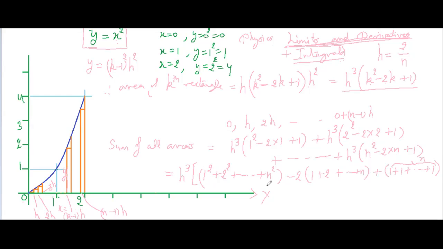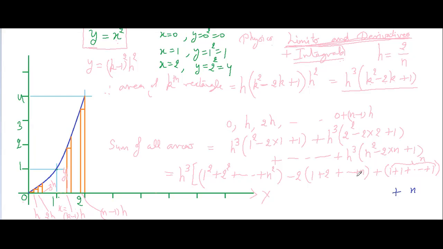We are just near the end of the calculation. What is 1 plus 1 plus 1, n times? What will it be equal to? Who will tell? Daman, can you tell? If we add 1 to 1 n times, what is the answer? If we add 2 ones, the answer is 2. If we add 3 ones, the answer is 3. If we add n ones, the answer is n.